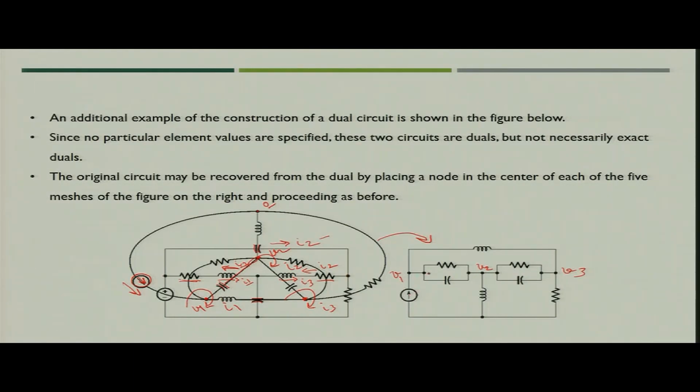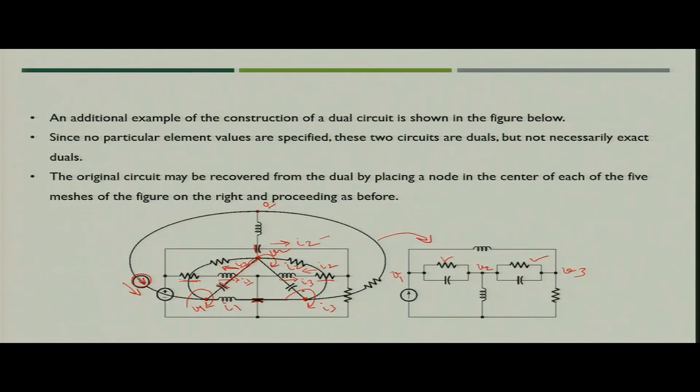The capacitance and conductance are connected in parallel between V1 and V2. Now, between V2 and V3 again you have one capacitance and one conductance, represented in this way.